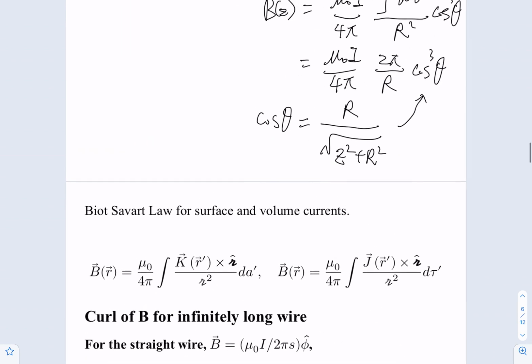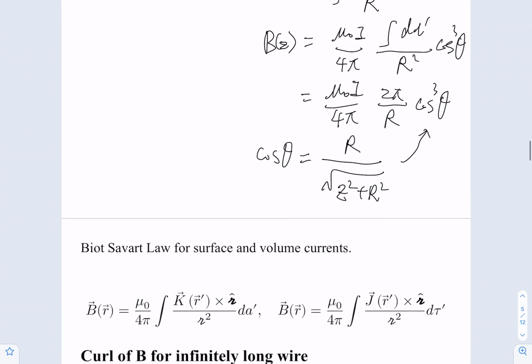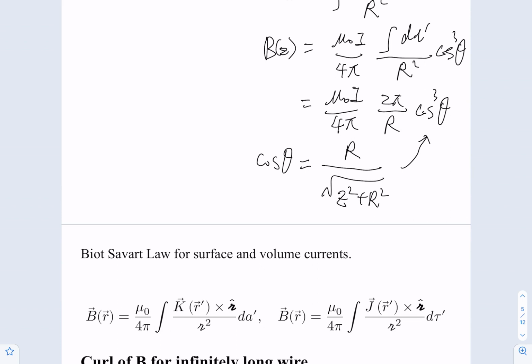So what we just talked about is the Biot-Savart law for the line current, and to generalize this to a surface and volume current, it's similar to what we did for the Lorentz force law. We simply replace this I dl by K dA or J d tau.